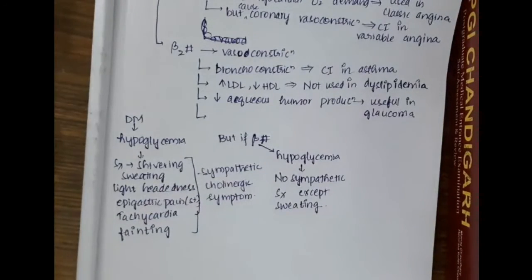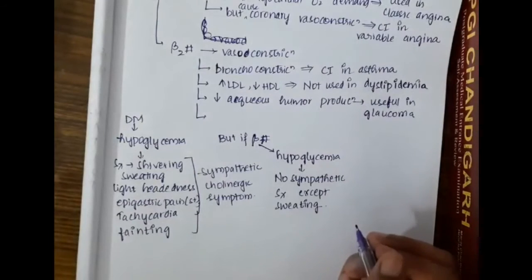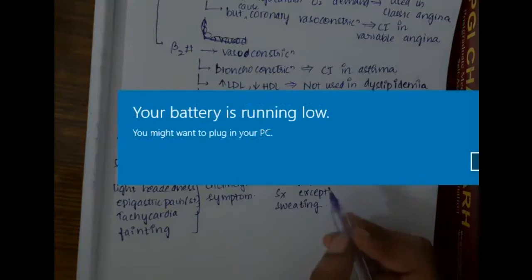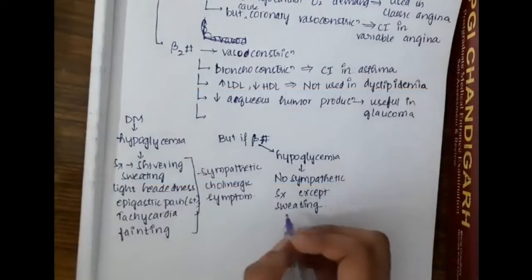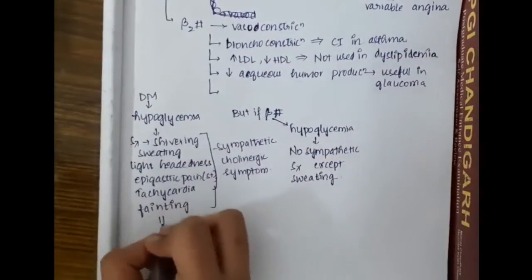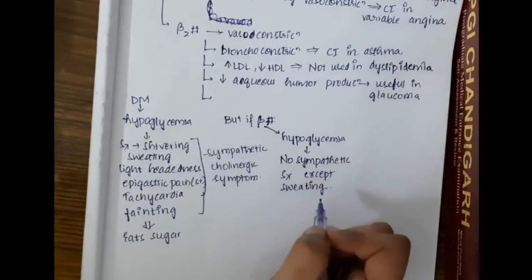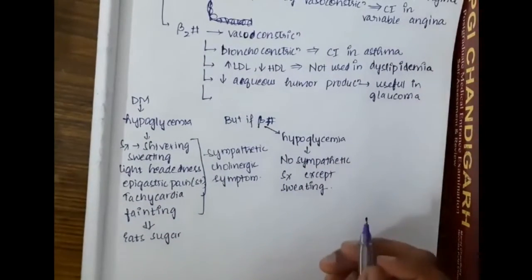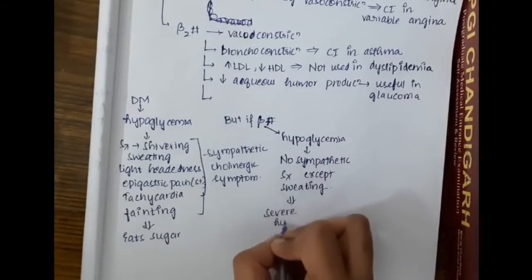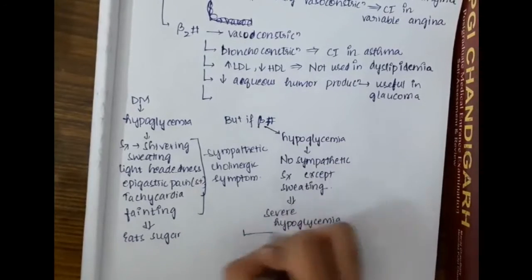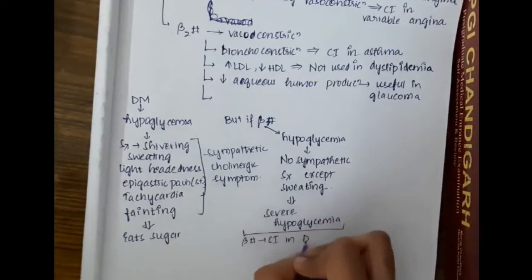And this results in severe hypoglycemia, because normally if the patient finds himself in hypoglycemia, he eats some sugars and thus maintains the blood sugar level. But in the presence of beta blockers, he is not alerted by his symptoms, and as a result he lands up in severe hypoglycemia.